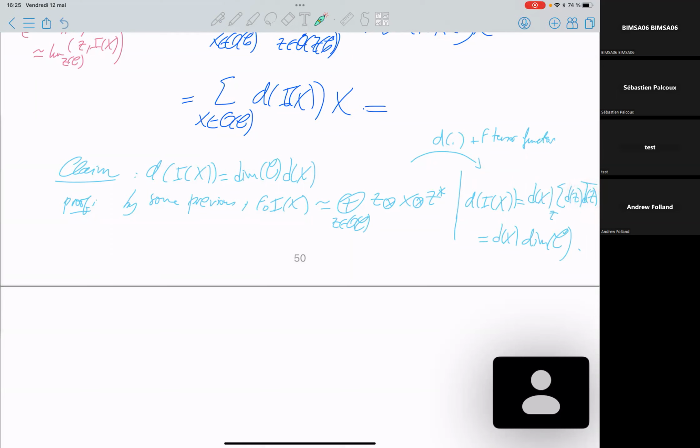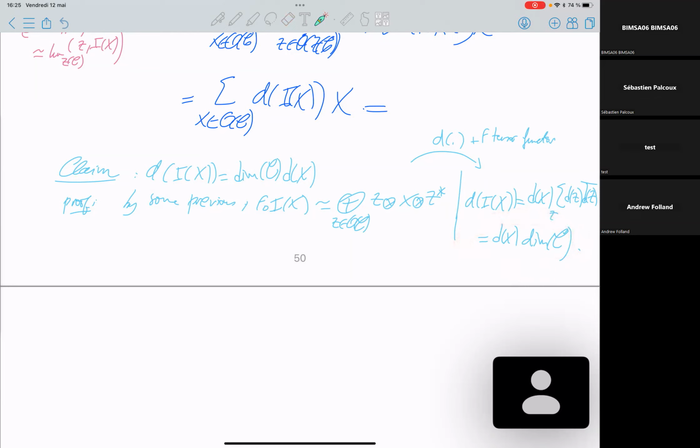So I hope this is true in this generality. D is not the dimension from a spherical structure, so we don't know whether dimension Z equals dimension of Z star, but in general, at least for pivotal, dimension Z star equals dimension Z complex conjugate. I hope I'm not mistaken. So you have what we wanted to prove.